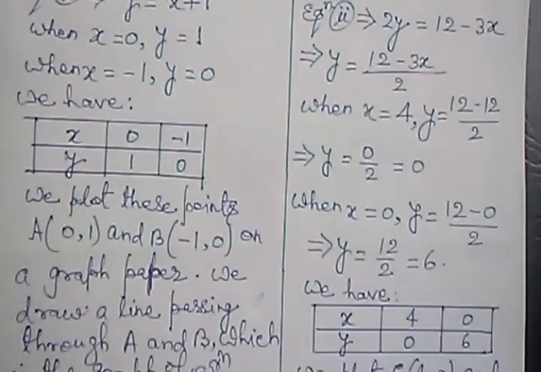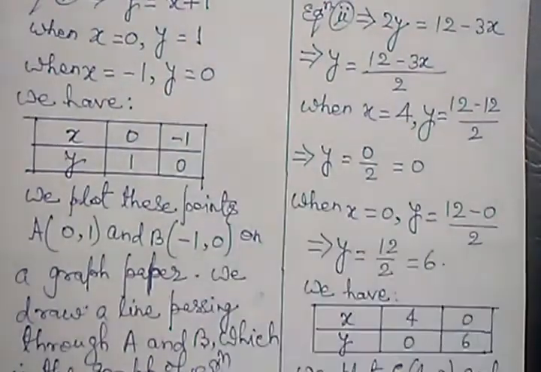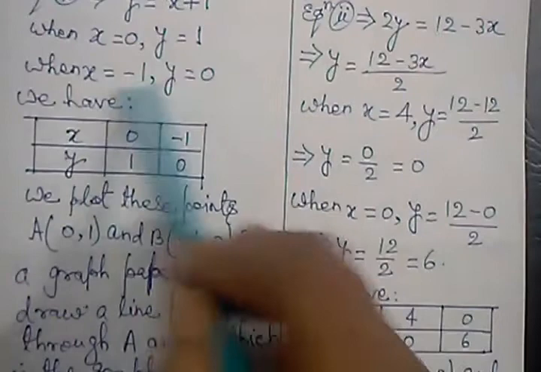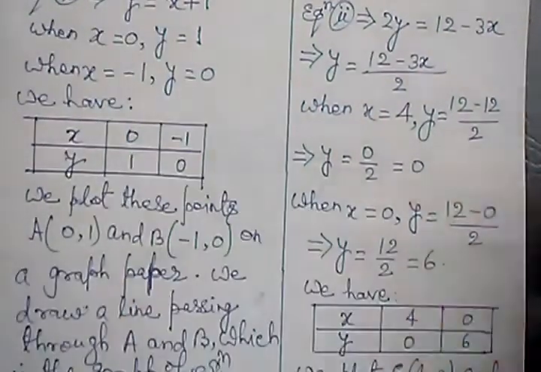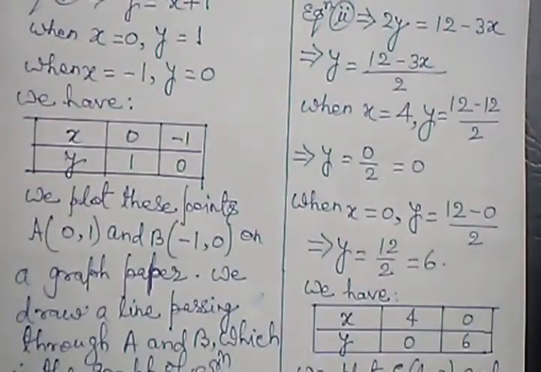So in this way you have to take two different values for x, and for the two different values of x you will get two different values of y. There is no fixed hard and fast rule about which value of x you have to take. Just first of all, don't take any fraction or rational number.